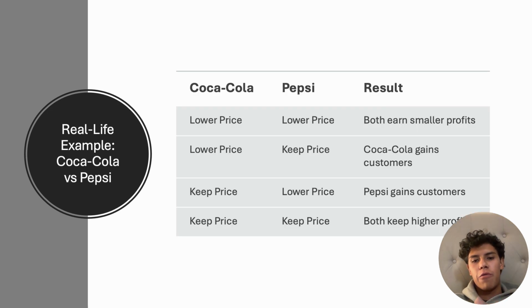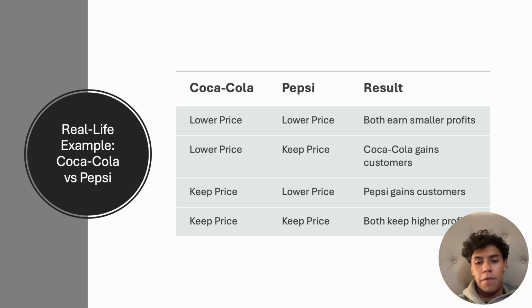So now let's look at a real world example. Imagine Coca-Cola and Pepsi are deciding whether to lower their prices. If both companies lower their prices, they may sell more products, but both companies earn smaller profits because each product is sold for less money. If Coca-Cola lowers its prices while Pepsi keeps its prices the same, Coca-Cola will probably attract more customers and increase its sales.